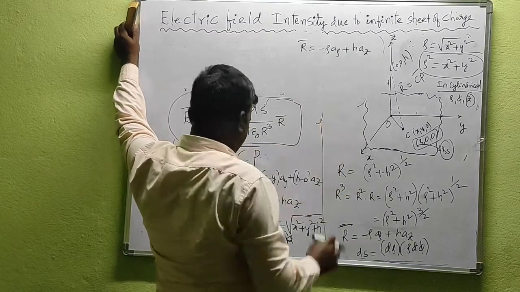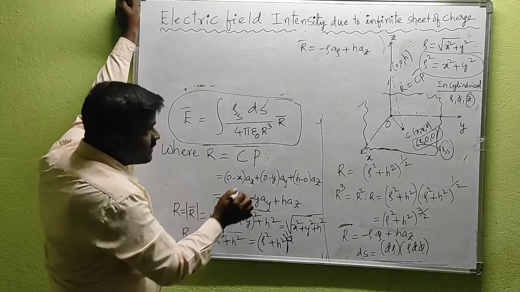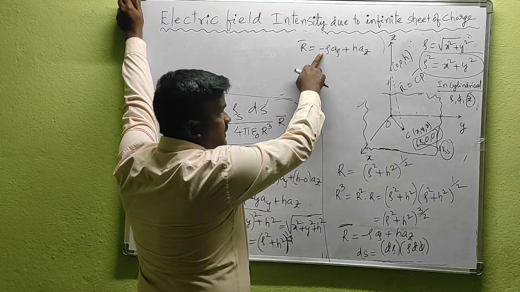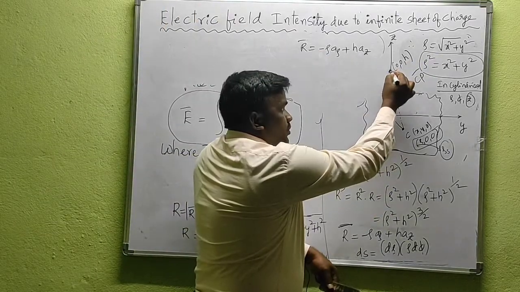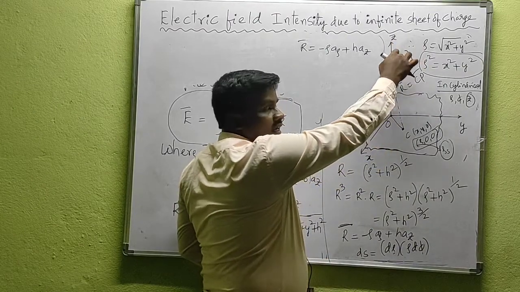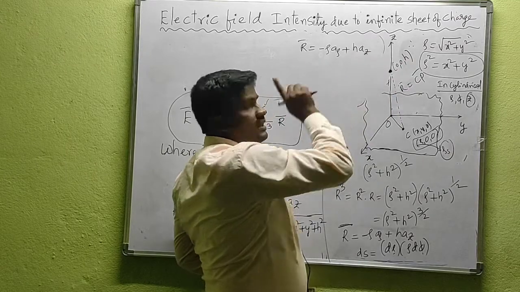Because it is the starting point, or else here for x and y we have the negative sign. So we need to take the negative sign for this one, that is minus rho a rho. Whereas the h component is this h component, that means this h coordinate is for the terminating point or end point. So for this one positive, for this one negative. Clear?